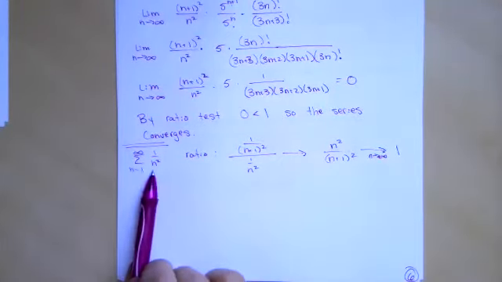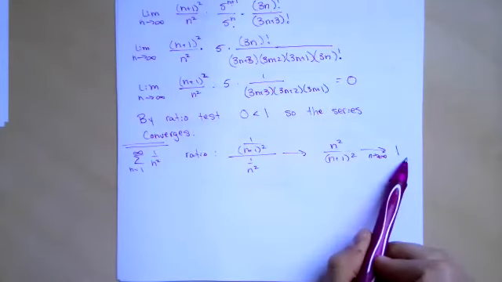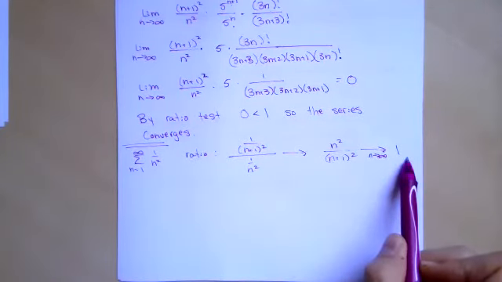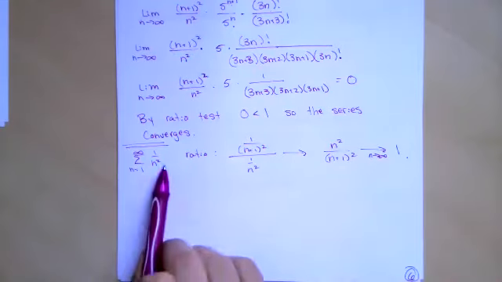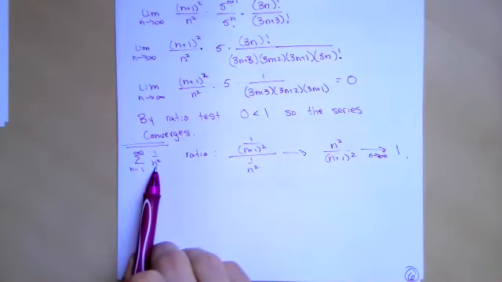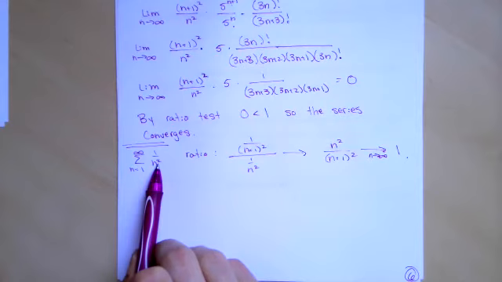So a 1 on the ratio test is inconclusive. Why is it inconclusive? Well, in this case, it converges by the p-test.